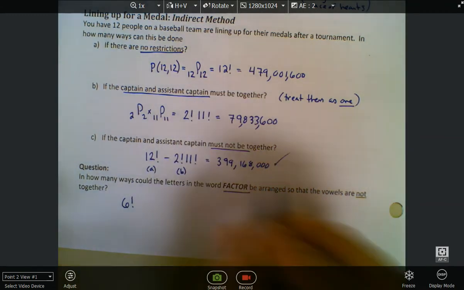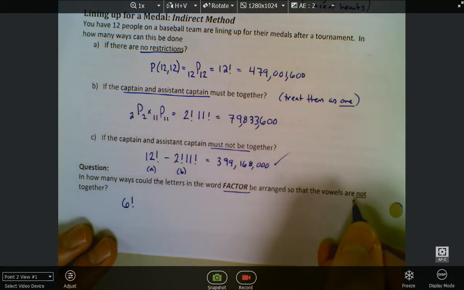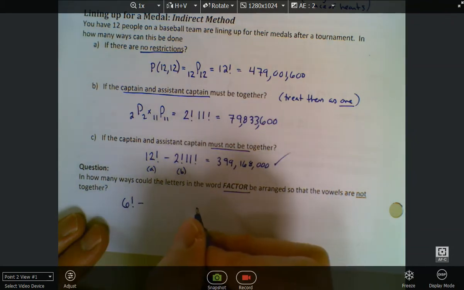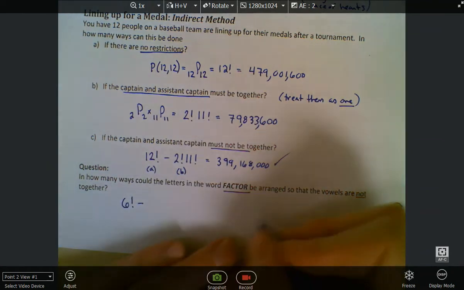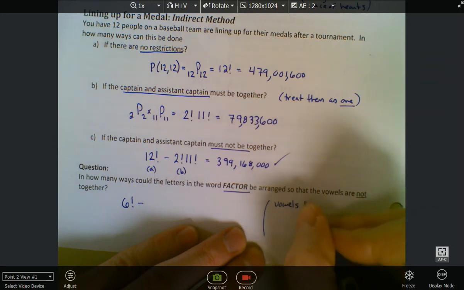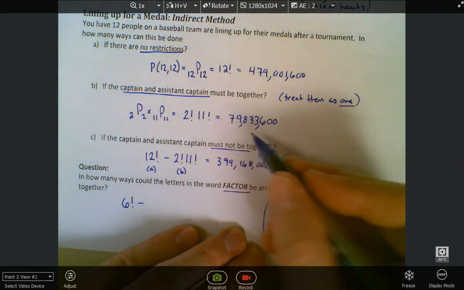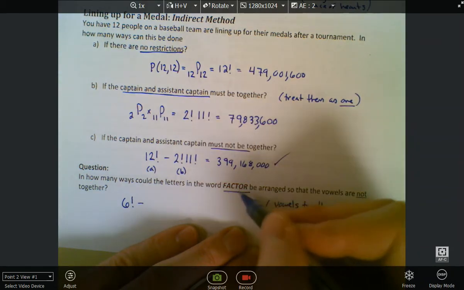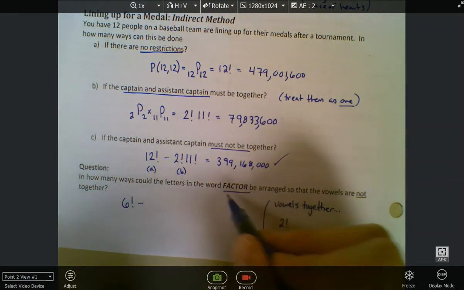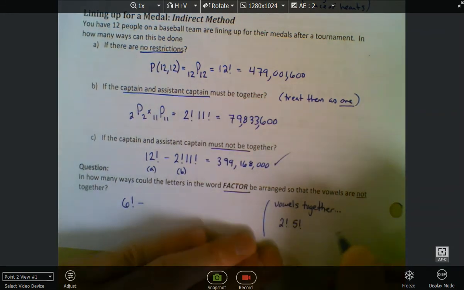You're like, okay, that's good, but some of those contain when the vowels are together, and it says arranged so the vowels are not together. And so what we just need to say is, well, let's subtract off the arrangements when they are together. So vowels together, and this is very similar to the problem above where we say, well, there are only 2 vowels in here, so there's 2 factorial ways of arranging those vowels, and then treat them as 1, and that's 1, 2, 3, 4, so there are 5 objects left to arrange.